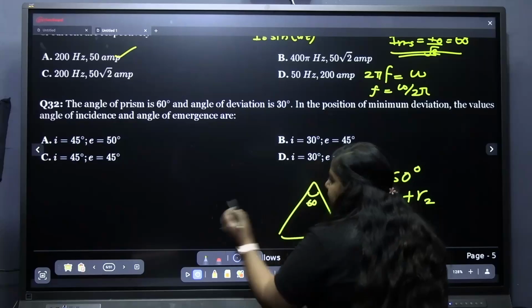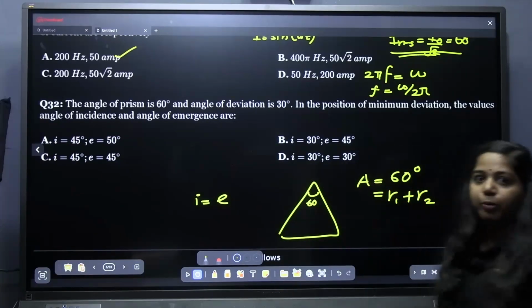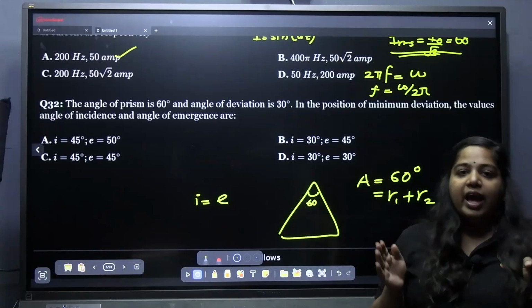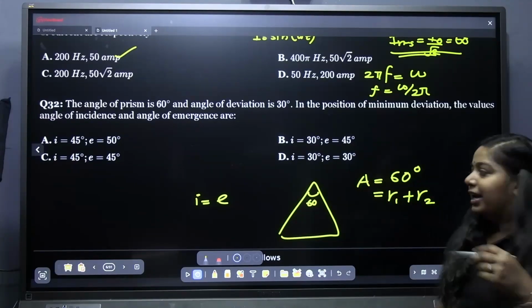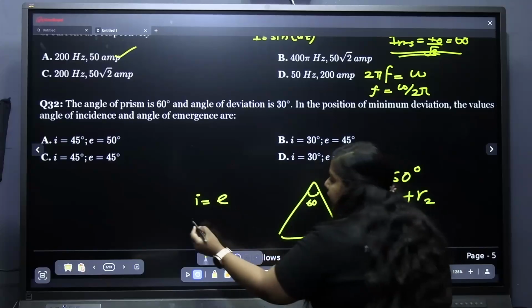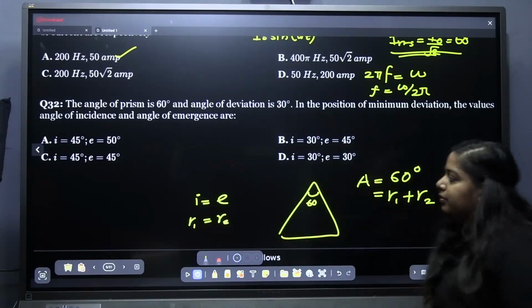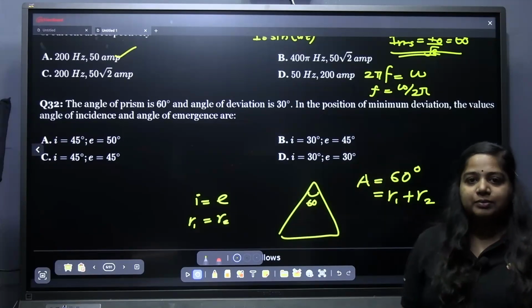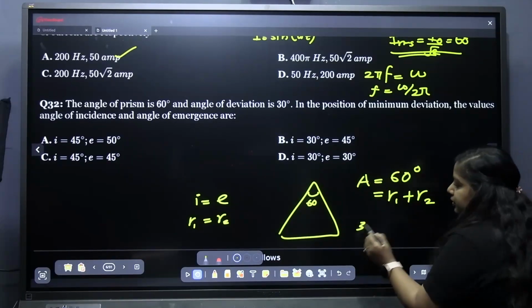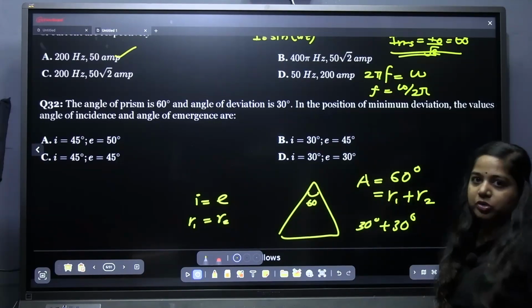And another thing, at the point of minimum deviation, angle of incidence will be equal to angle of emergence. If angle I equal to E, R1 should be equal to R2. In that case, R1 and R2 can have only one value, that is 30 degree, right? 30 plus 30, 60 should come.